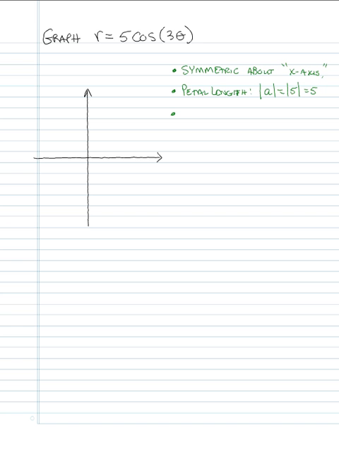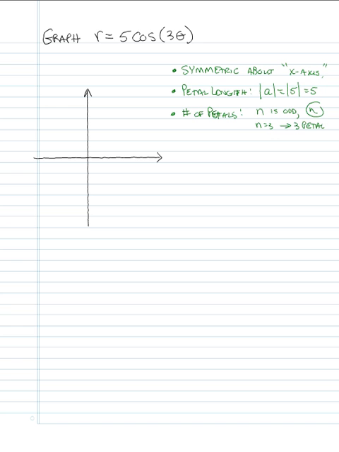The number of petals depends on n, and if n is odd, then the number is n. Well, in this case, the n value is 3, isn't it? And since that's odd, that means there are 3 petals.